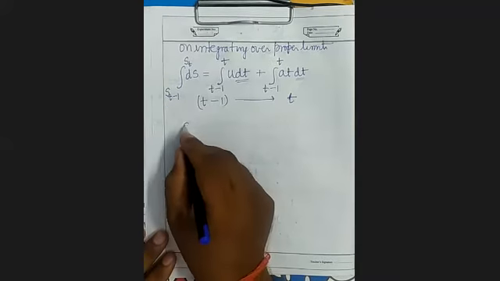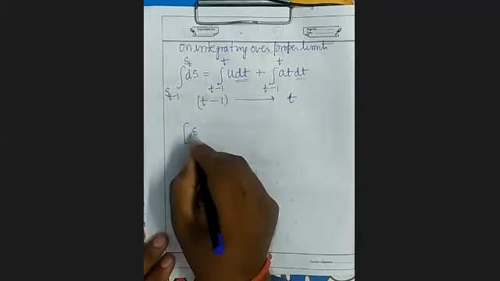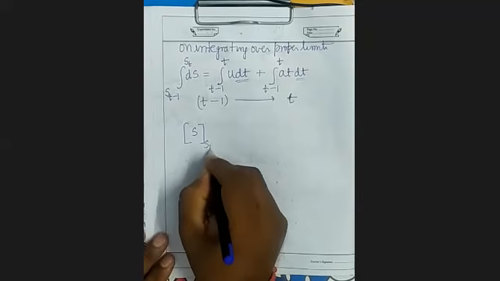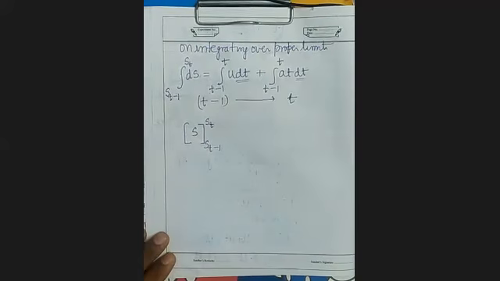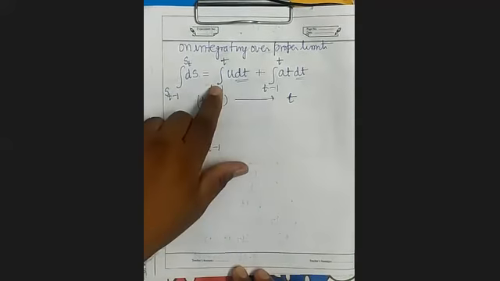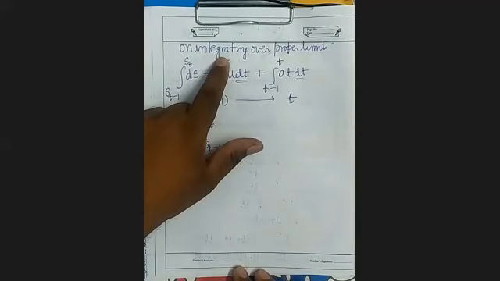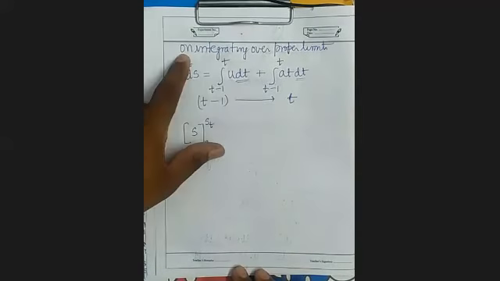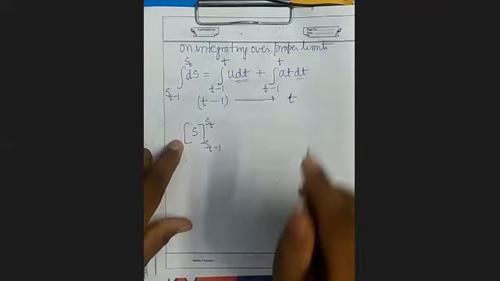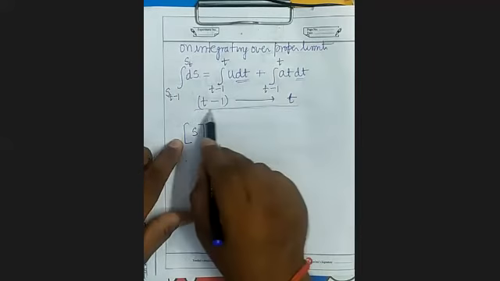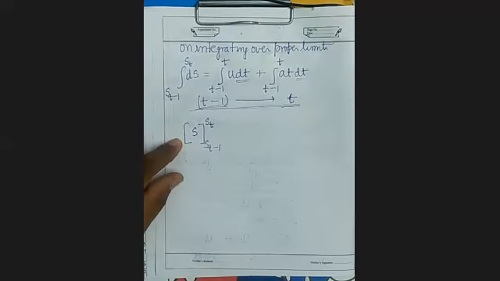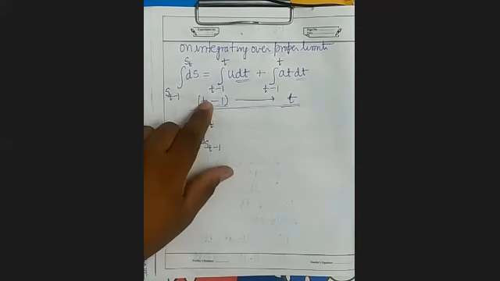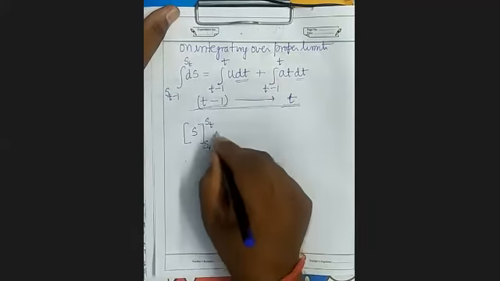Integral ds is s(t) minus s(t-1). It is exactly like the first equation, in which we integrated from 0 to t, and here it was 0 to s. But now our purpose is to find the distance traveled in between these two timings, so that's why I am substituting these limits.